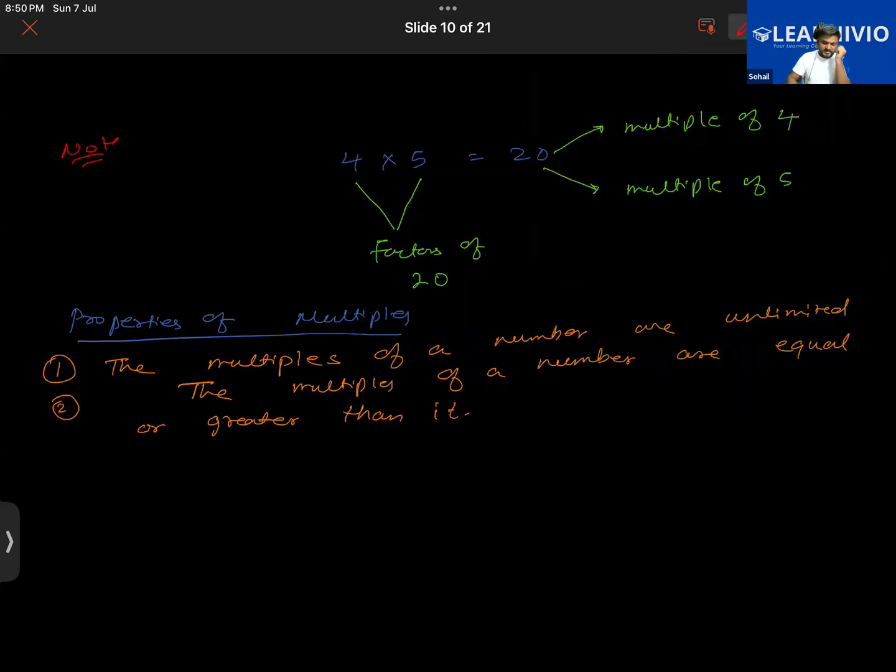Also, in the second statement here, you will write in brackets except for zero. Now, what would be the multiple of zero? Zero itself, right? So you can write down the third property here: the multiple of zero is zero itself.